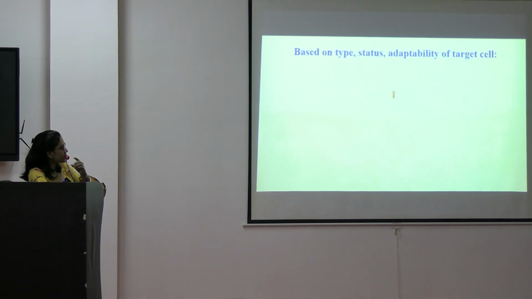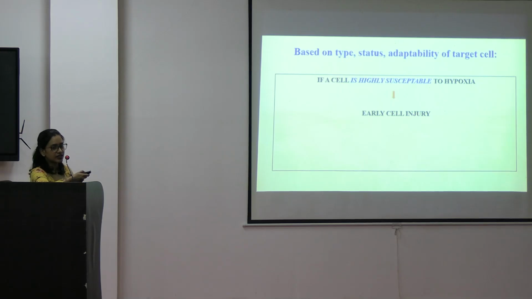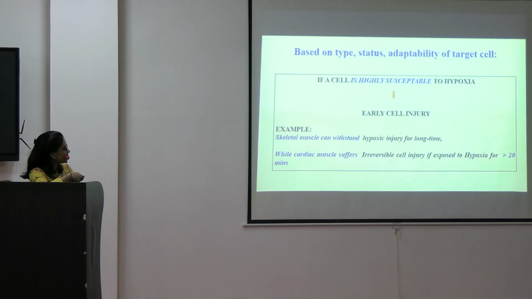Now, how does the type, status and adaptability of the target cell affect? If the cell is highly susceptible to hypoxia, then there is early cell injury. An example of this is the difference between skeletal muscle and cardiac muscle. Skeletal muscle can withstand hypoxic injury for a long time.